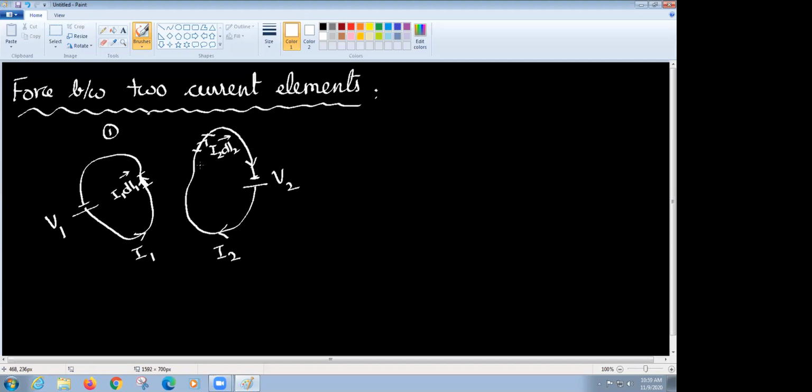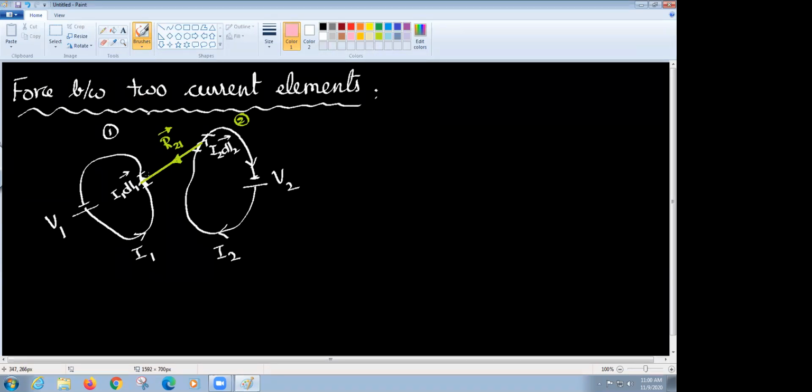Let me take the distance between these two as a displacement vector. Now this is loop 2; from loop 2 to loop 1, I take the displacement vector like this, a_R21. I would like to find dF1.